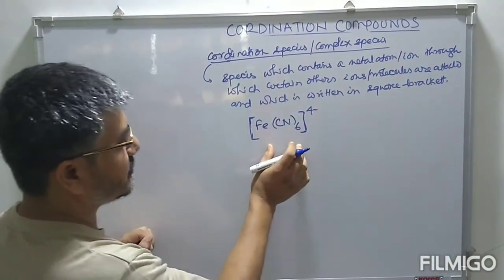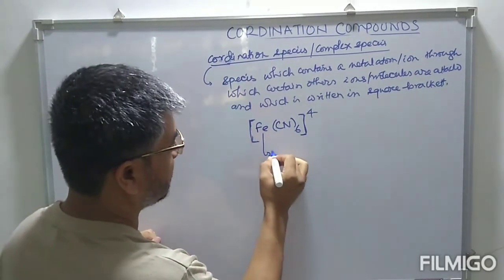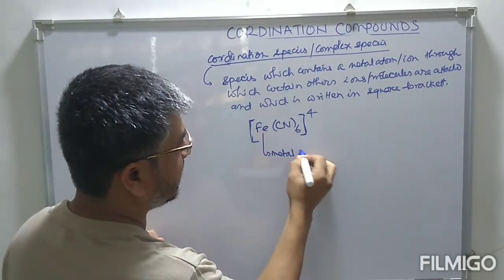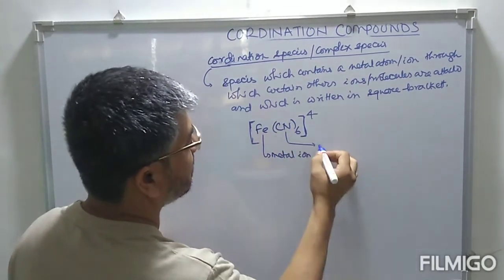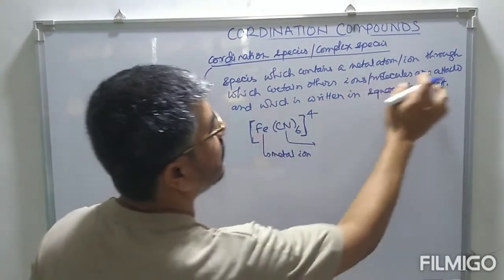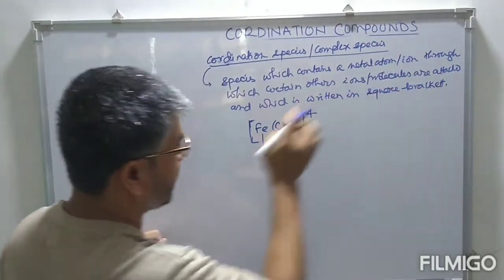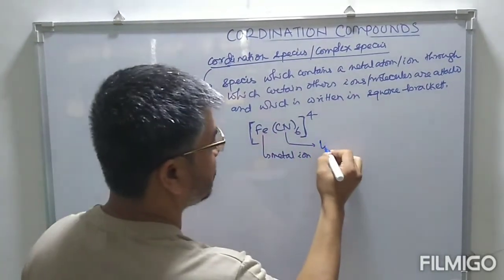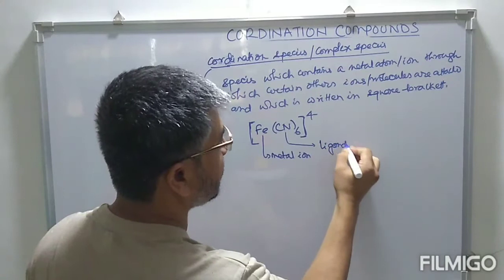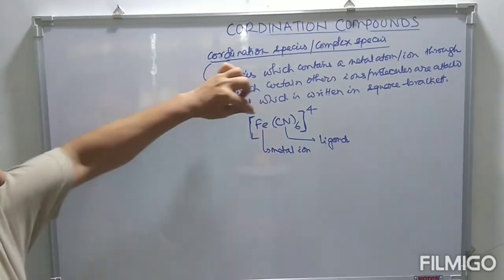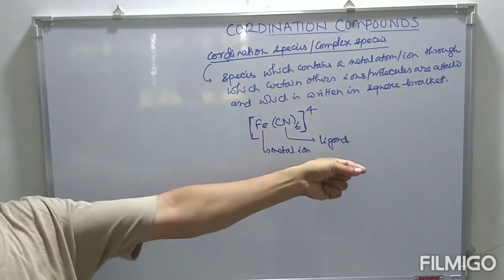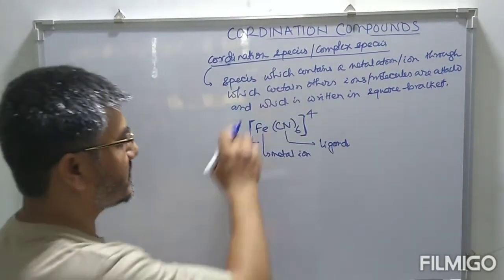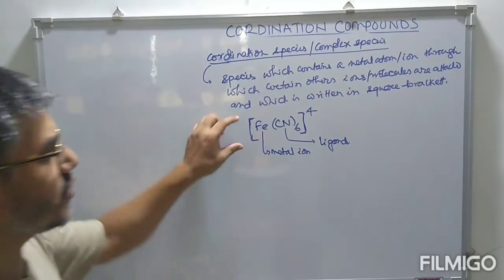Inside this coordination entity, we must have a metal ion, and the other atoms, ions or molecules which are attached to the central atom, which we call ligands. So we must have a central metal atom or metal ion to which some ligands are attached, and all these must be enclosed in square bracket.